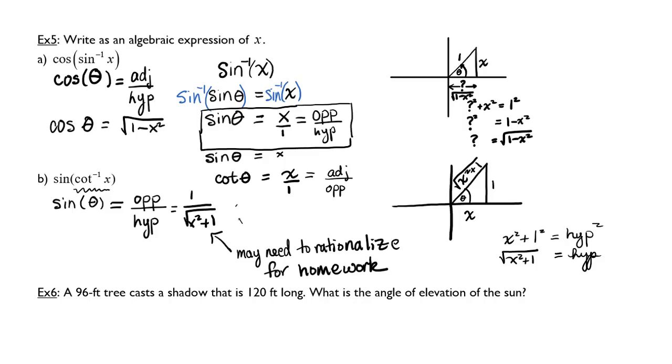Now remember, rationalizing would just be taking the square root and multiplying it by a funny looking 1, which is the same as the denominator, square root of x squared plus 1 over square root of x squared plus 1. And moving forward, you would have square root of x squared plus 1 all over x squared plus 1. Again, I'm not going to make you do that, but depending on who your instructor is or what your homework instructions say, you may have to know how to do this.